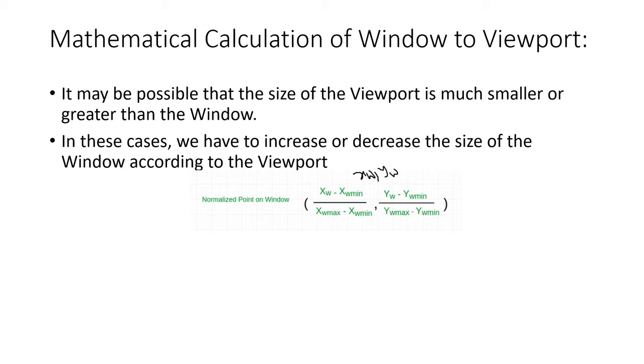In that case, the normalized point on the window will be xw minus xw min, divided by xw max minus xw min. This is following the rule of y equals mx plus c, right? So m is always the same whenever we are talking about this thing.